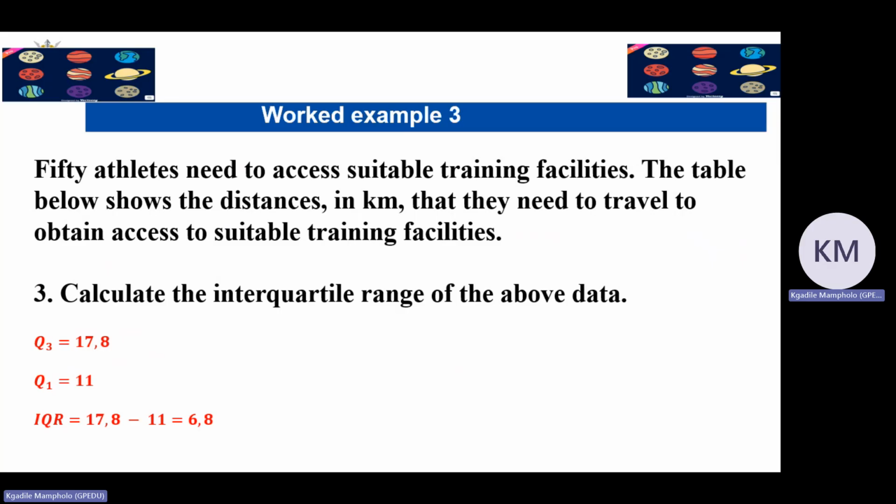Even if you just say 17, 16 or 18, it is correct, because these are estimated values. But most importantly, you must know that the interquartile range is the upper quartile minus the lower quartile.